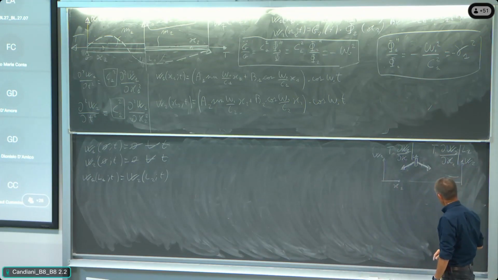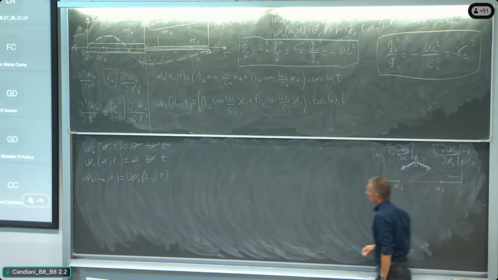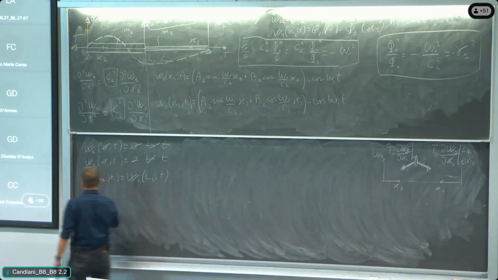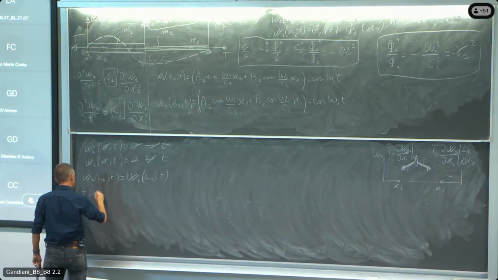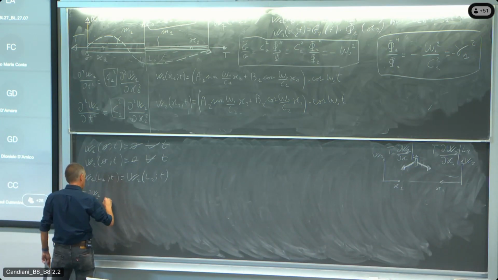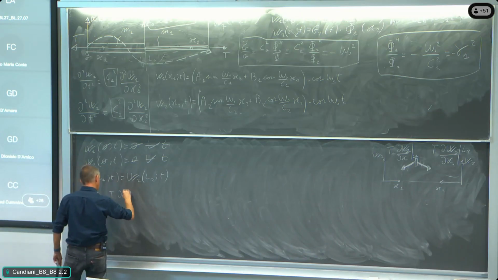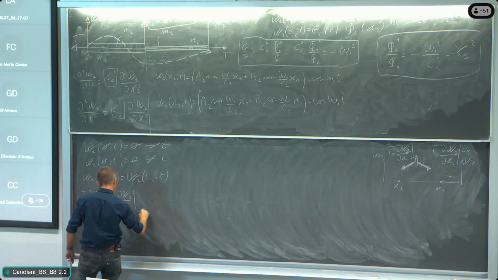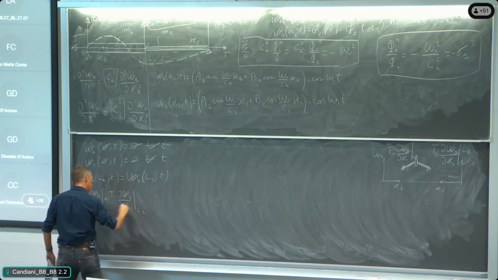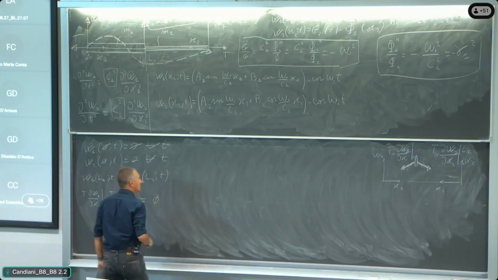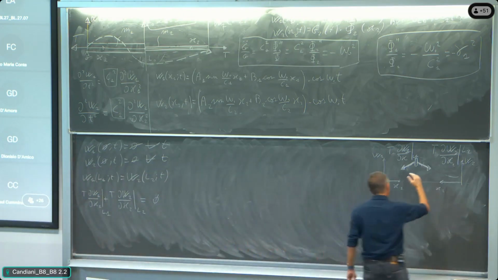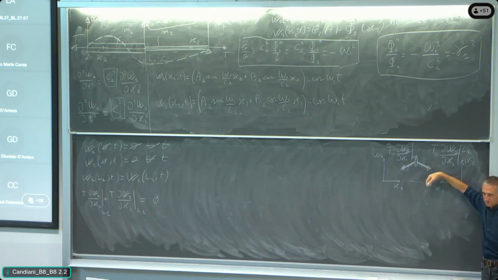And so I have to write that T dw1/dx1 plus T dw2/dx2 at L2, L1 equals 0. Okay, so they are adding. So the total of that must be 0.